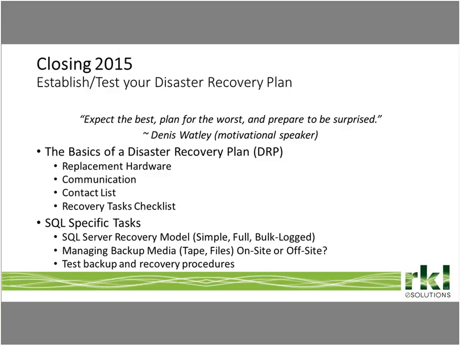And a disaster recovery plan has some basics that we want to make sure that you've got covered in your particular plan. So you want to obviously look at replacement hardware and logistics if you need to relocate people to new office space and set up new servers. You want to ensure that you've got good communication across the organization for what these disaster recovery plans include.